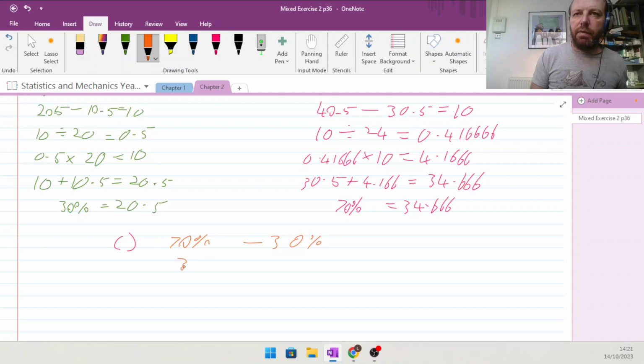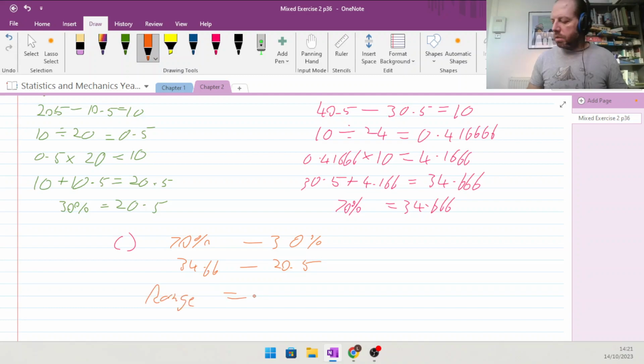So we'll have 34.666 take away the 20.5, and so the range is 14.1667.